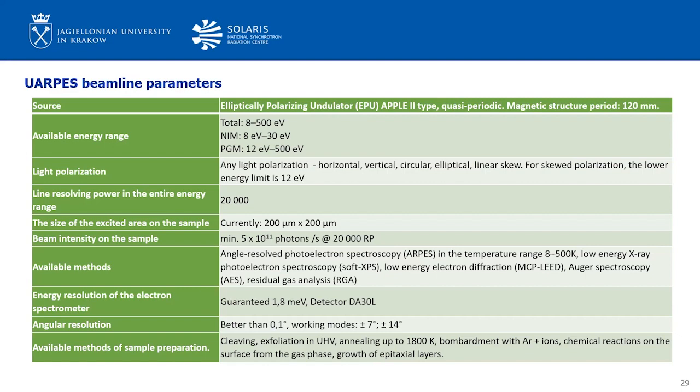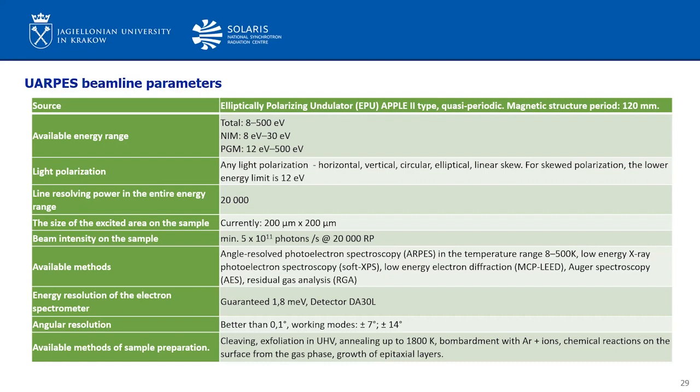We can also measure XPS and soft X-ray ARPES up to 500 electron volts by using higher harmonics from the undulator.